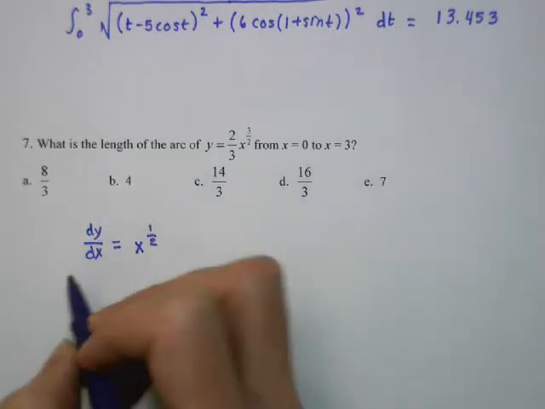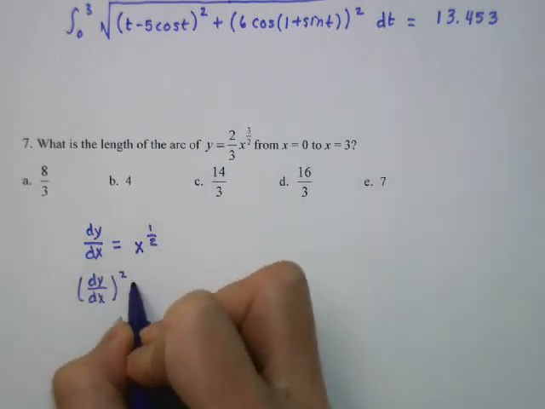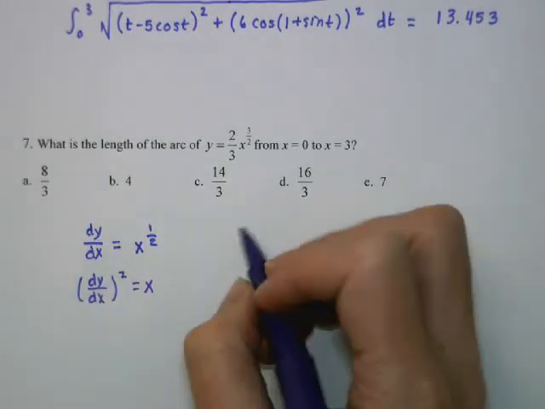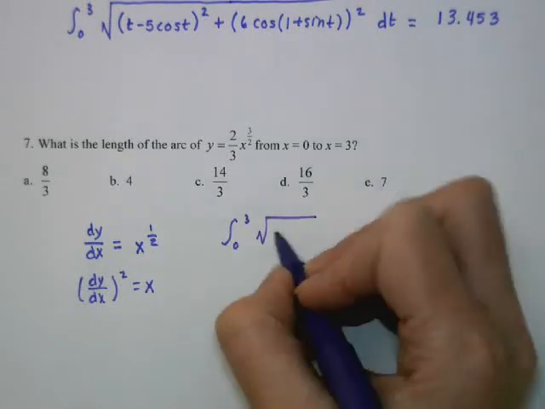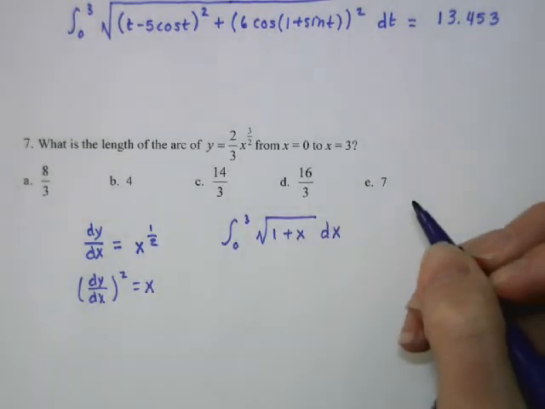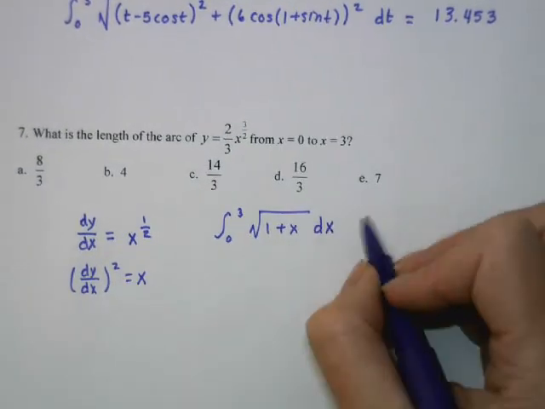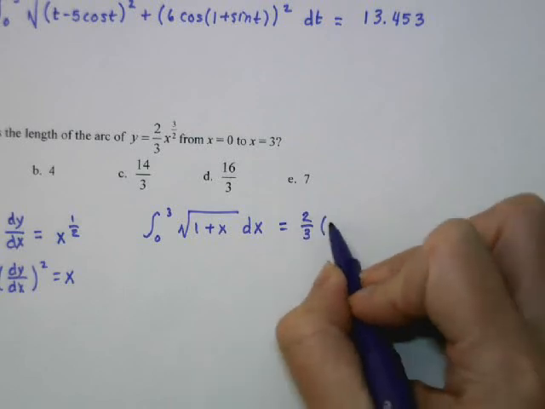This is going to be 2/3 times (1 plus x) to the 3/2. So this will be 2/3 times, when I plug in 3, 4 to the 3/2, minus 2/3 times 1 plus 0, which is 1 to the 3/2.